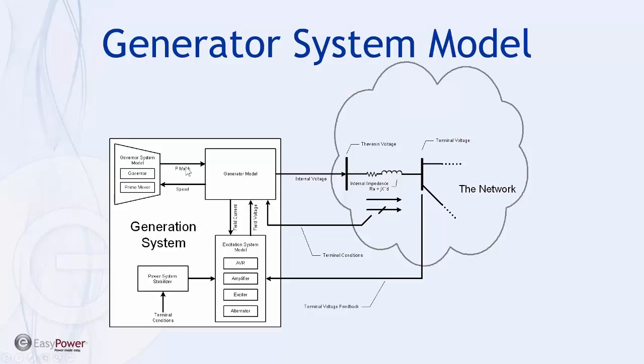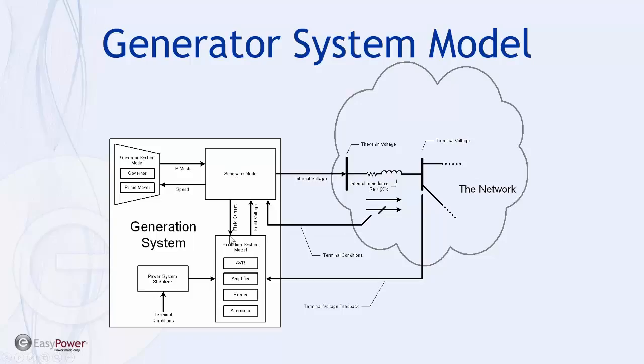So if you'll notice, there's specific linkage between each portion of this model that includes the ability to provide the mechanical power to the generator model, and as a result, the change in speed comes back from the rotating machine simulator.